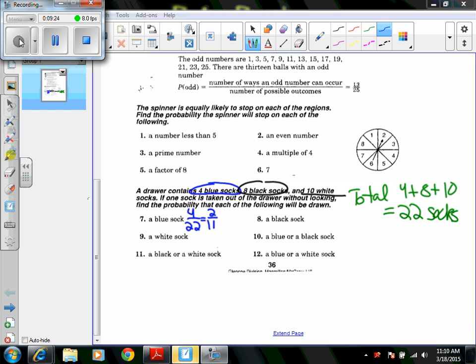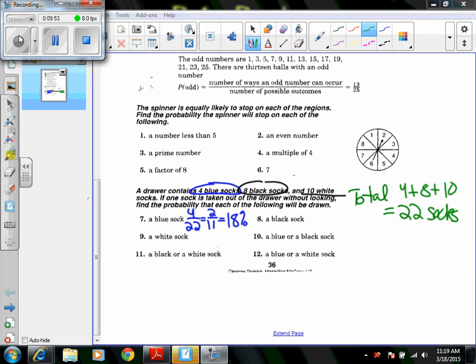And 2/11ths is not one of the common fractions that we have memorized as a percent or a decimal, so I divide 2 by 11 and I get 18%.